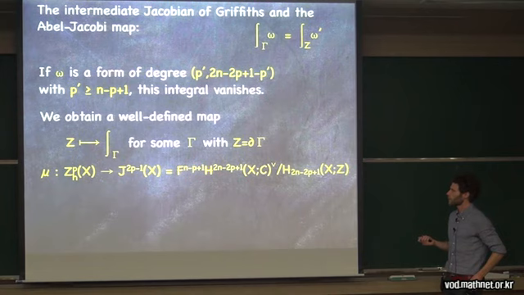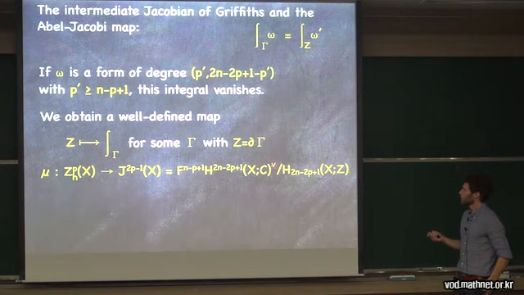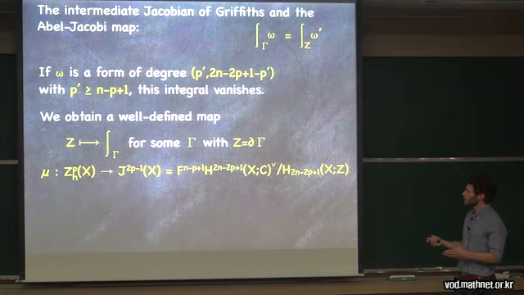Here F denotes the Hodge filtration of complex cohomology, and this denotes the dual, so we get a map that sends something in here to a complex number. Now the ambiguity of choosing the gamma, such that the boundary of gamma is Z, we can't get rid of it, but we can get rid of it if we consider this modulo the quotient given by homology, or this homology group.